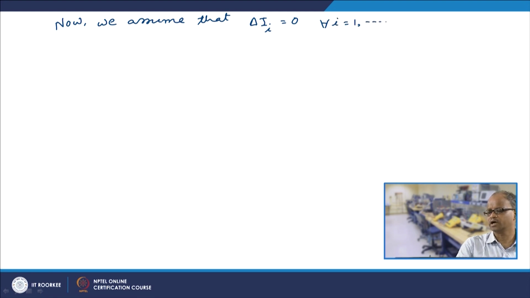So, towards that goal we assume that delta I_i is equal to 0 for i equal to 1 to capital N, and i is not equal to m and i is not equal to n.